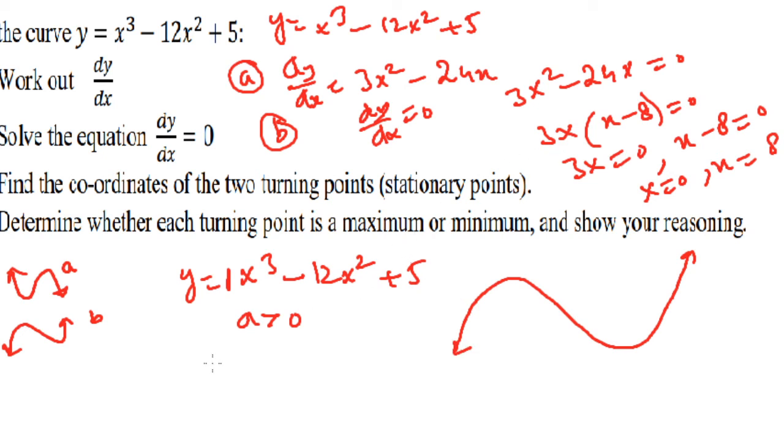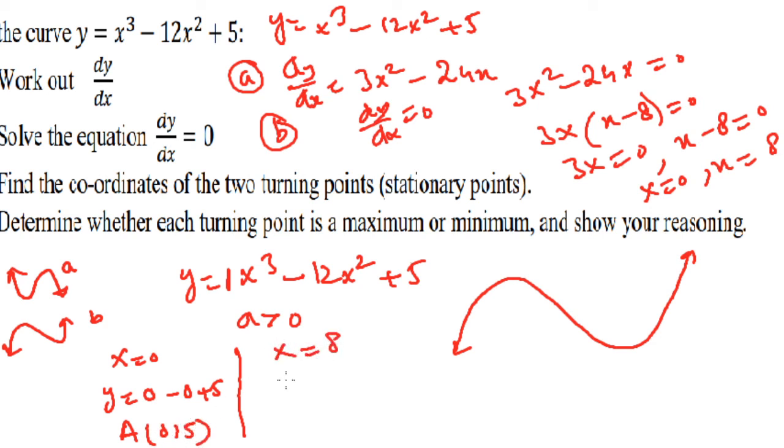Now we take the x value 0. If the x value is 0, what is the y value? 0 minus 0 plus 5. So one point A is (0, 5).